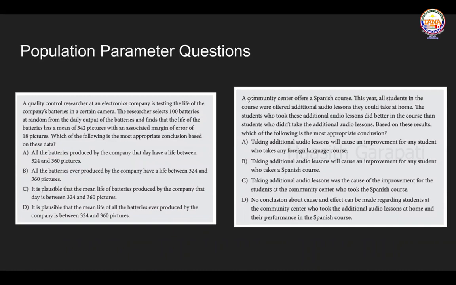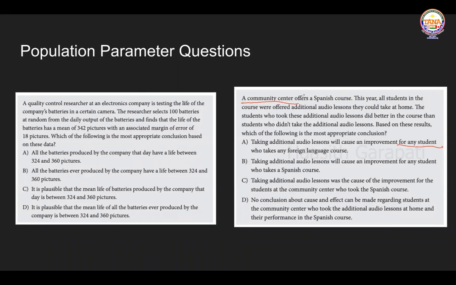Okay, they say community center offers a Spanish course, all right? And those who took the audio lessons did better. So A, taking additional audio lessons will cause an improvement for any student who takes any foreign language course. All right, initially you might think, oh yeah, it makes sense, right? Well, hold your horses because they say it will cause an improvement for any student.